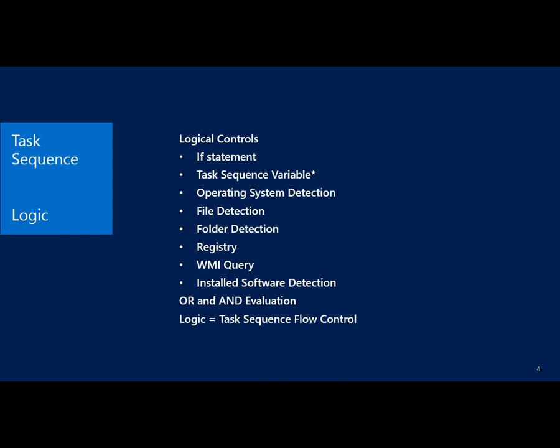So you could have different requirements, as an example, for HR machines or call center machines or whatever types of machines, right? If there's a way to detect what those kinds of machines are, then just by reading the registry or whatever, maybe it's an existing machine that you're trying to re-image and not really a bare metal machine. Well, you could use some logic here to control which branch or which group or which step a task sequence will go into based on these.